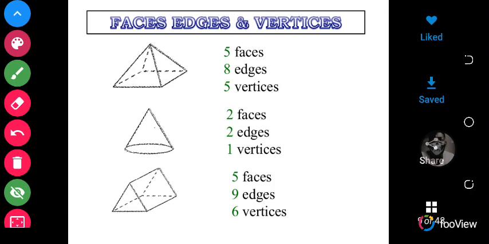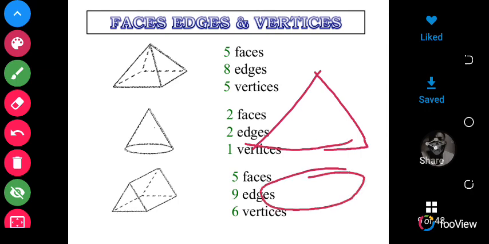Similar to this, a cone has 2 faces. This is one of the faces, and the second face is the circular part. When you roll this part in this direction and fix it to this part here, you have a cone.